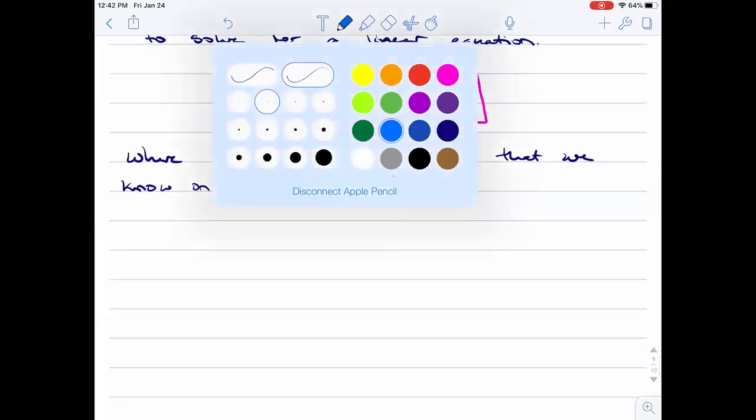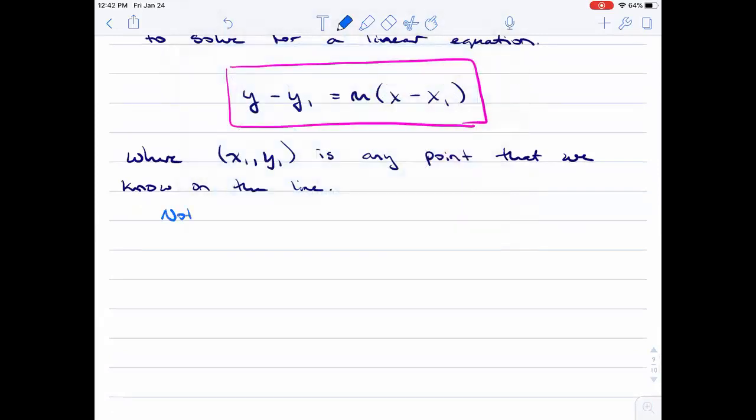What I want you to notice is that the y-intercept is the point when x is 0, y is b.